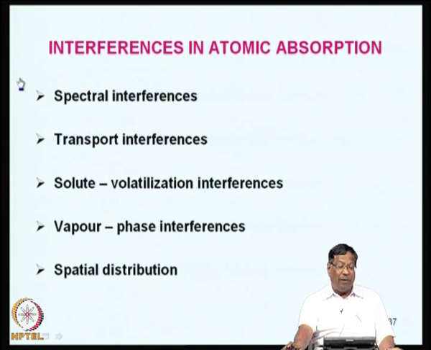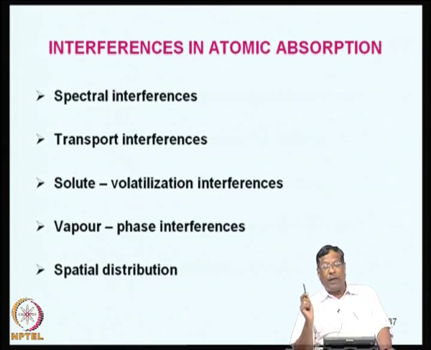The term element specific technique does not necessarily mean that there are no problems in the analysis, there are. So, what are the types of interference? How does an interference manifest in the determination of a metal?